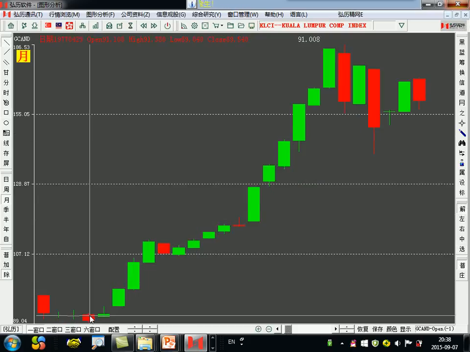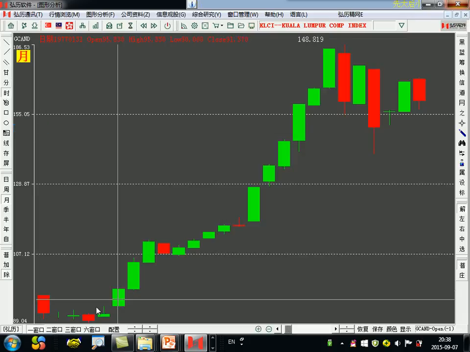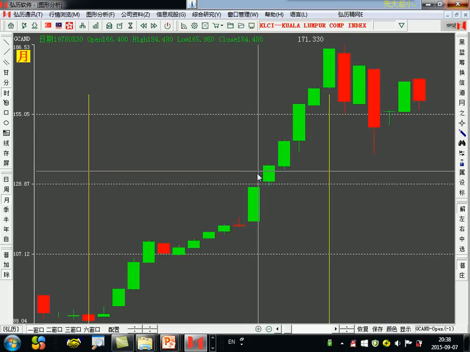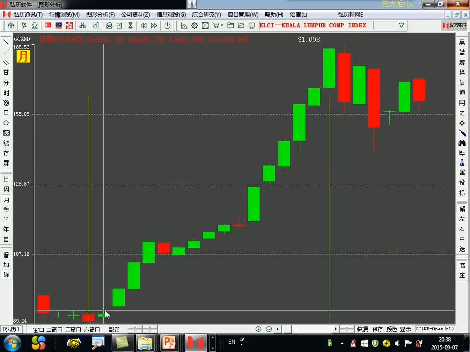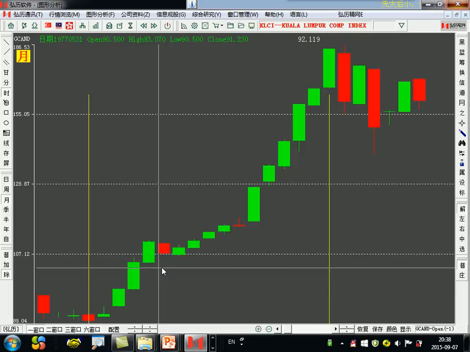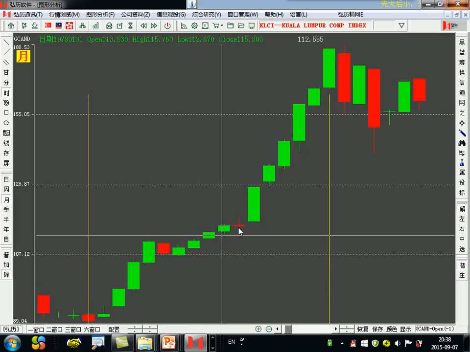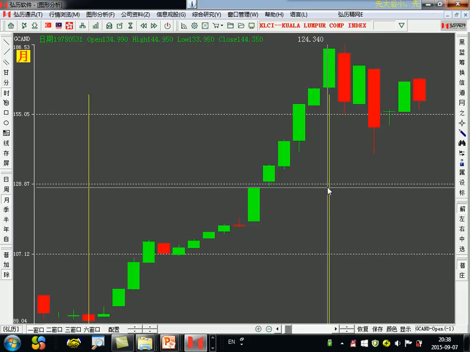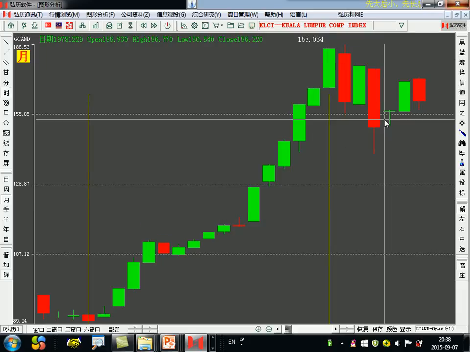This low point should be the start. From this low point to this high point is 17. So from here is the first one, 2, 3, 4, 5, 6, 7, 8, 9, 10, 11, 12, 13, 14, 15, 16, 17. And then go down for 3 months. 17 months. Now the weeks.